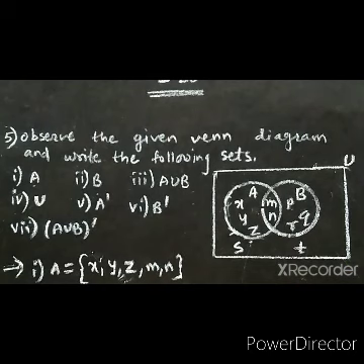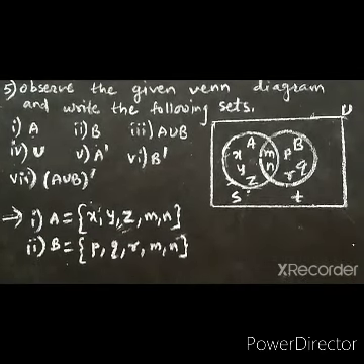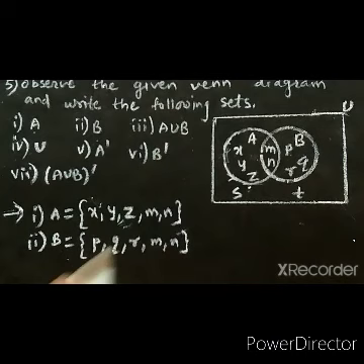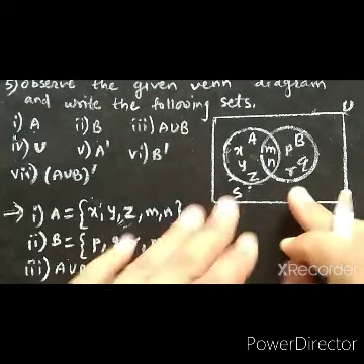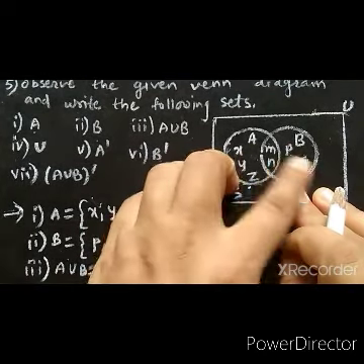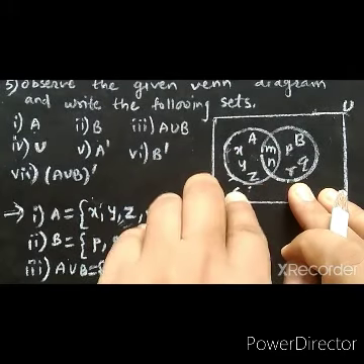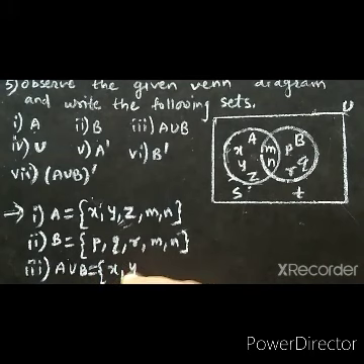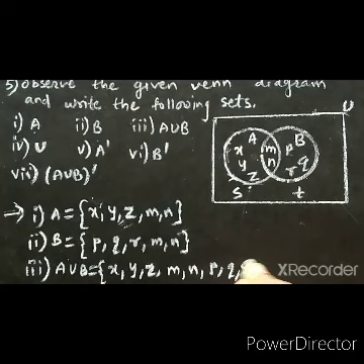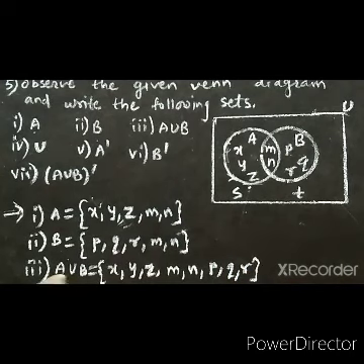So p, q, r, m, and n are the elements of set B. Next, we have to find A union B. So we take all the elements of sets A and B, that is x, y, z, m, n, p, q, r. These are the elements of A union B.